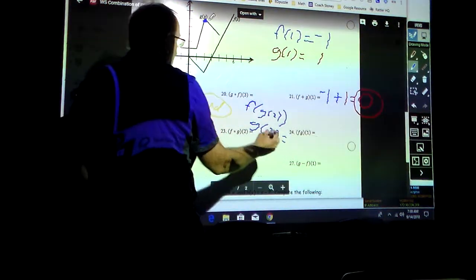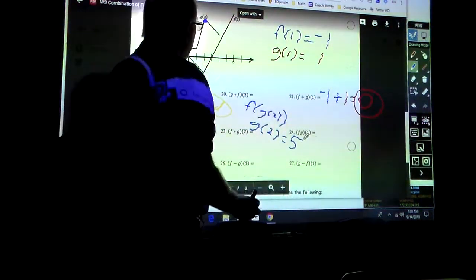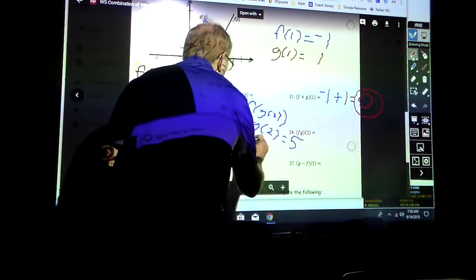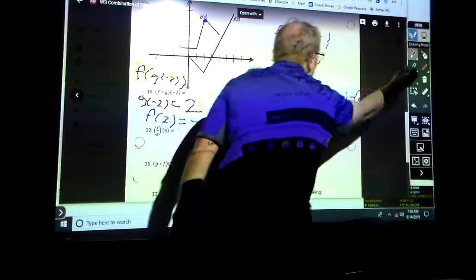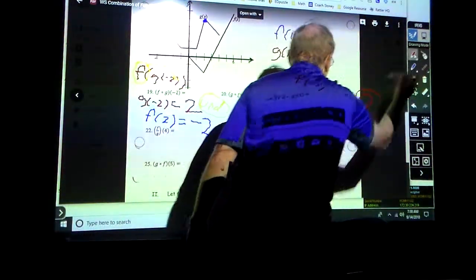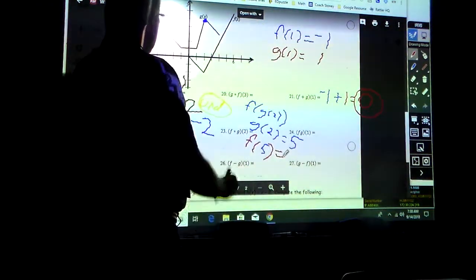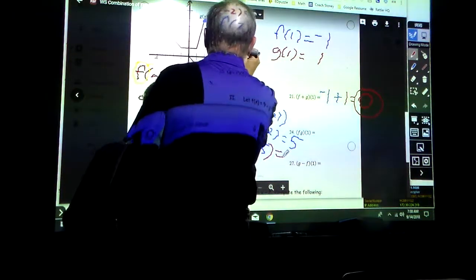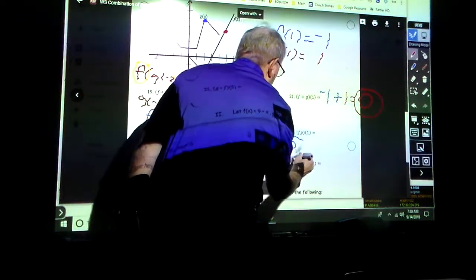So g at 2 is 5. And now I'm going to go to my f function, and I'm going to put not 2 in, but my answer right there at 5. If I come over here and count over 1, 2, 3, 4, 5, it looks like my best answer is 4.